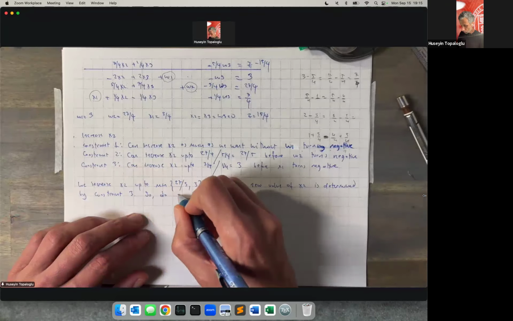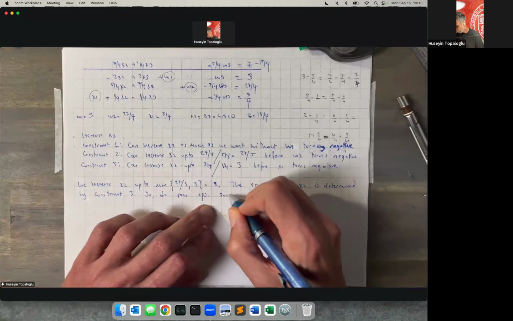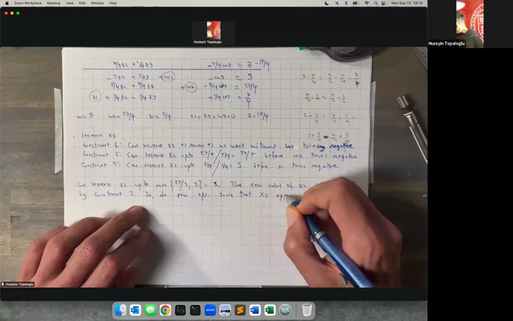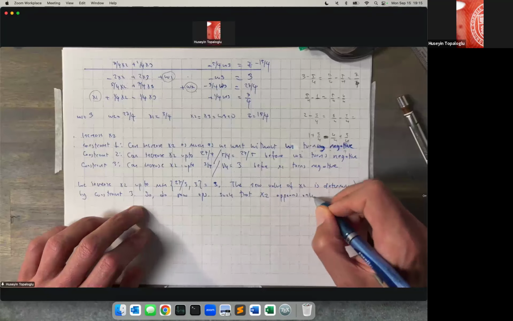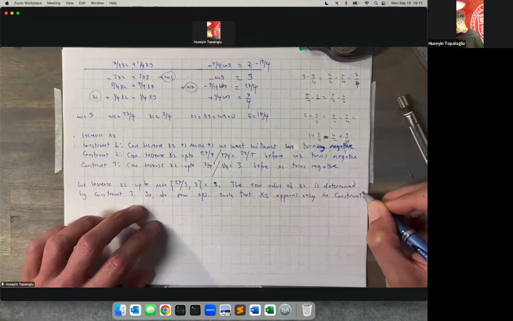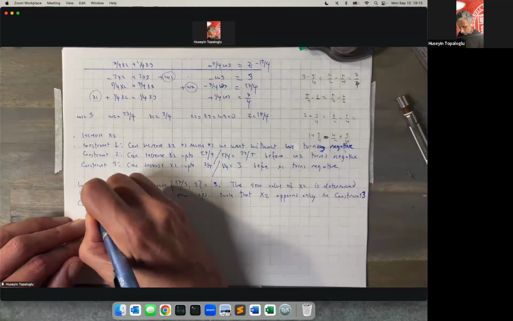So do row operations such that X2 appears only in constraint 3. Let me write constraint 3 again here.